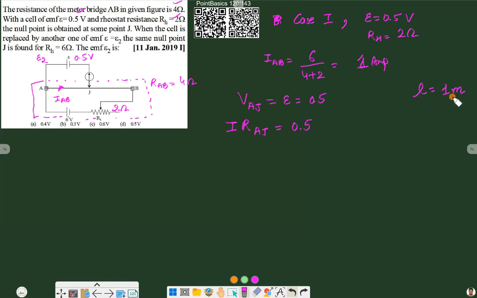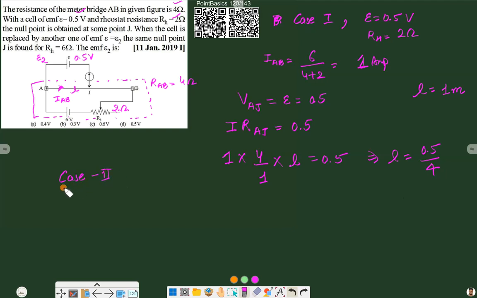So 4 ohm is divided across 1 meter, and suppose this AJ length is equal to L. The value of I we know is 1, and 4 ohm per 1 meter times L should be equal to 0.5, and from this we can find that L is equal to 0.5 by 4.